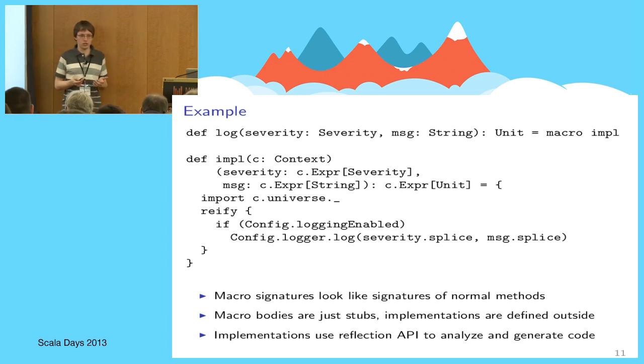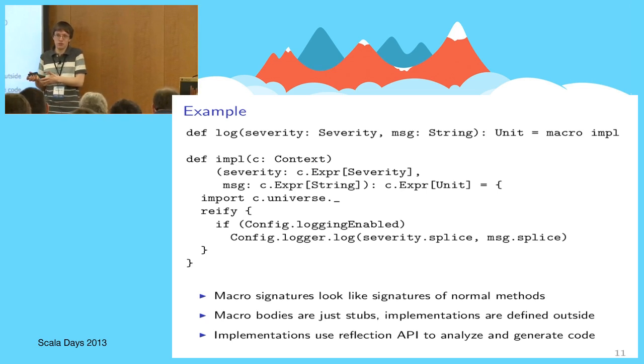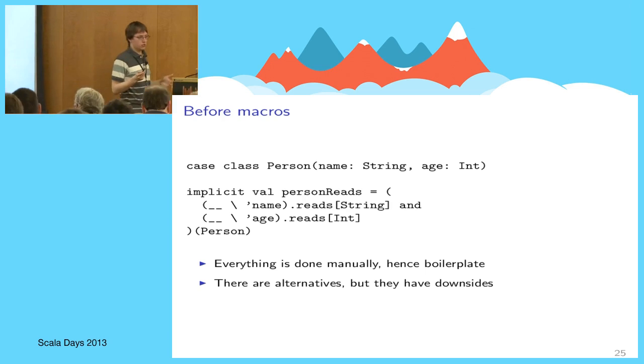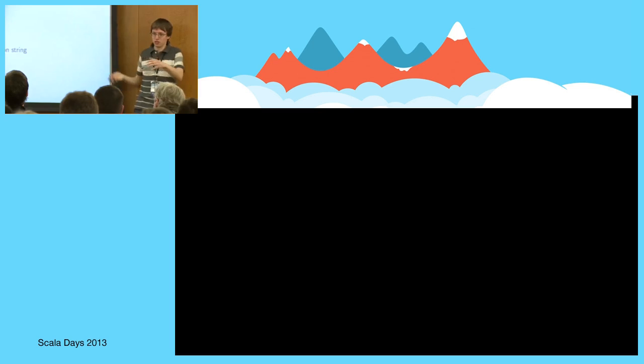And speaking of macro annotations, macro annotations can be viewed as regular annotations, just as things in Java and in Scala that you put on classes, methods, and stuff, but they're sort of active. So they are linked to the code that's executed at compile time. For instance, if we take a look at the type macro example here, we say object db extends this type macro, and it generates code.